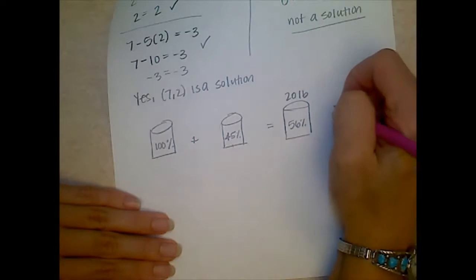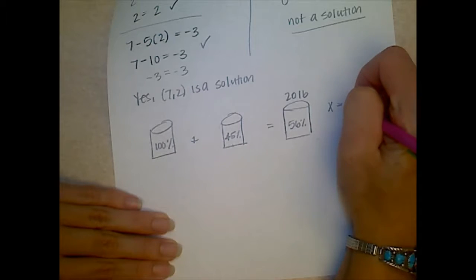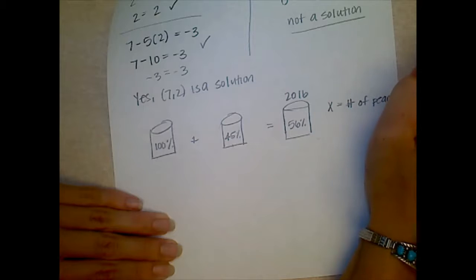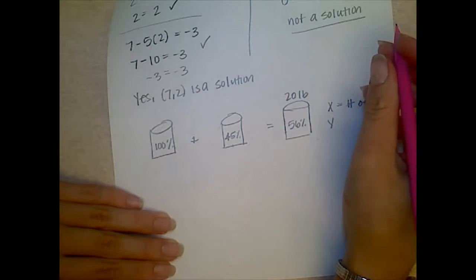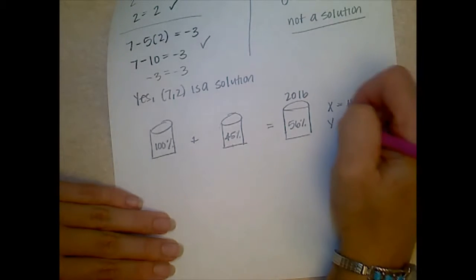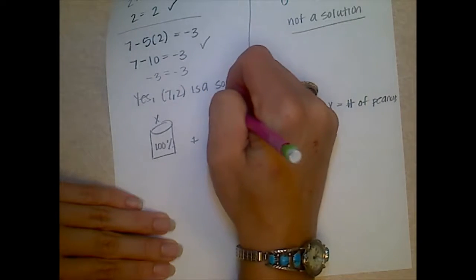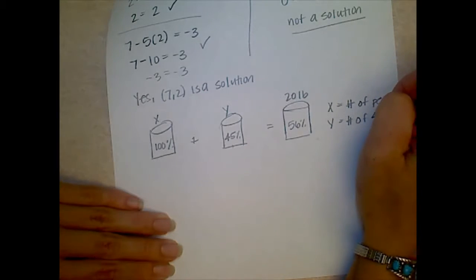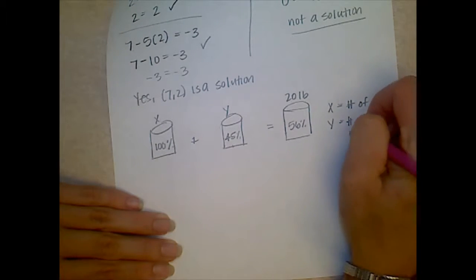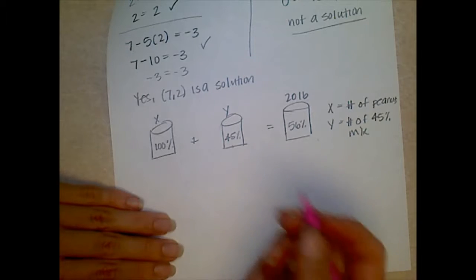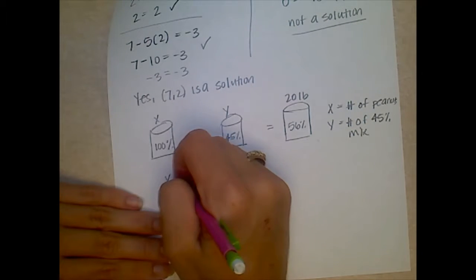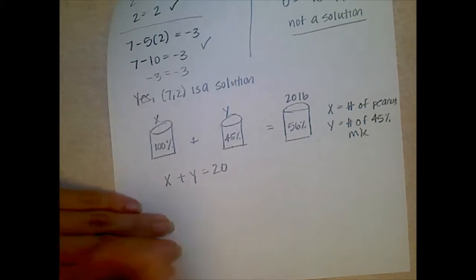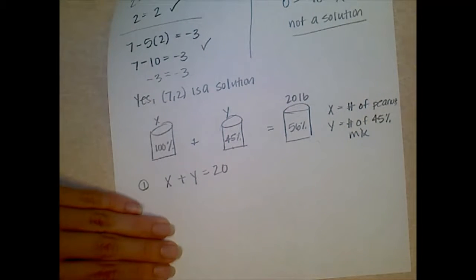So we're going to let x equal the pounds of peanuts, and y equal the pounds of the 45% mixture. So x plus y has to equal 20 pounds. That's my first equation of the system.